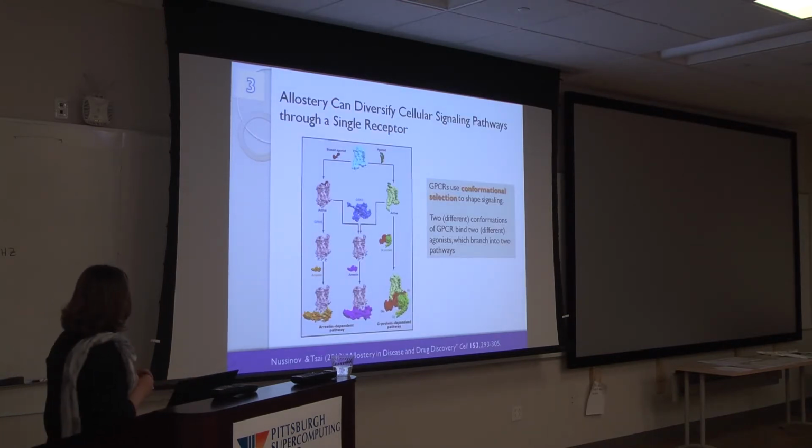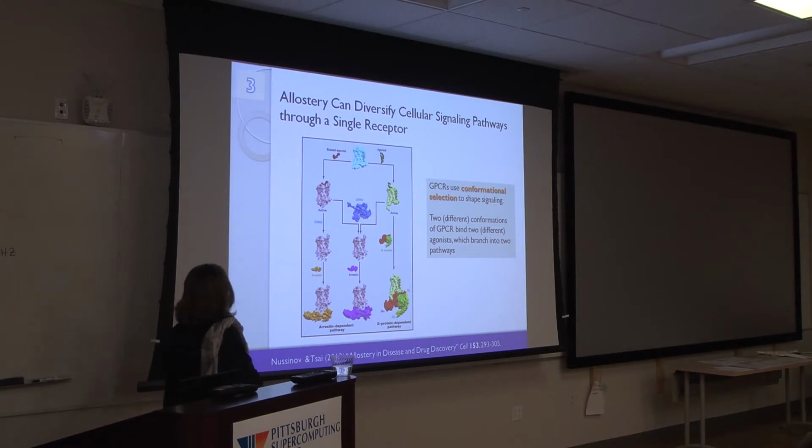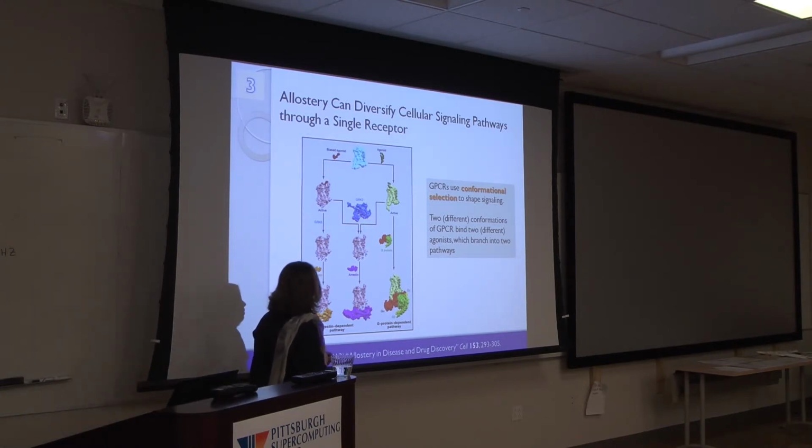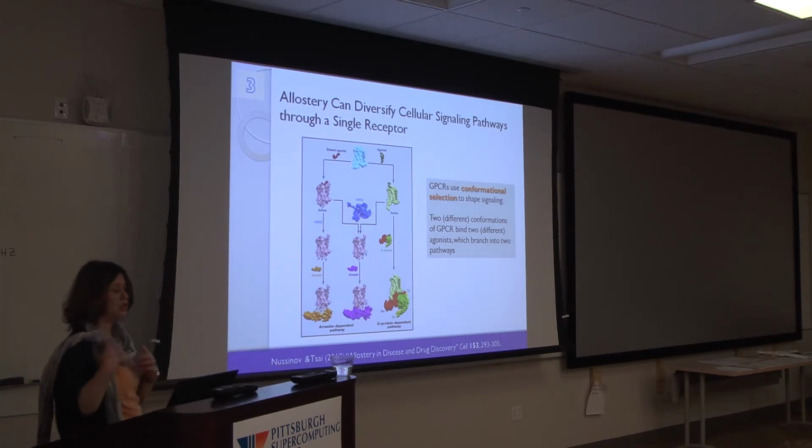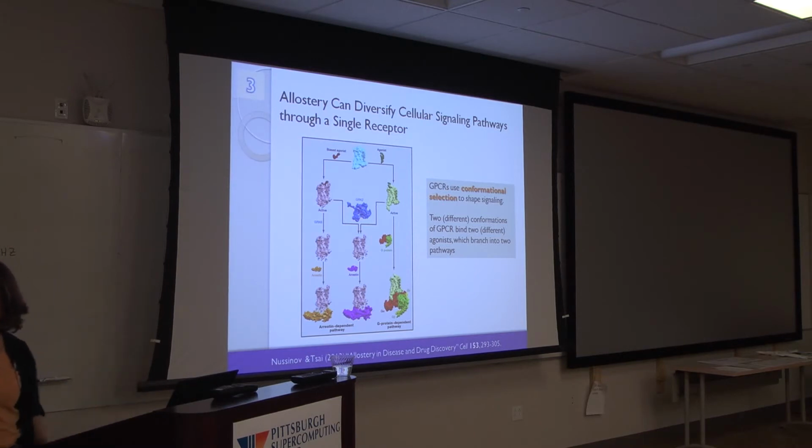So this is a good example, again, from a recent review from a computational biologist, where Ruth Nussinov has considered GPCRs. GPCRs are, as I mentioned, really very important drug targets.